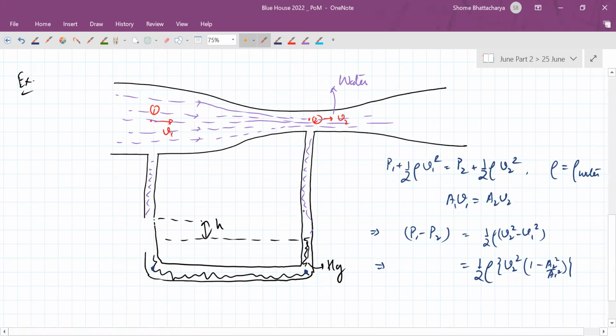The level of mercury will be more on this side, less on this side. So the pressure being greater here will push the mercury further down. Okay, so now, within the mercury, you can see that this point and this point, let's say 3 and 4, have to have the same pressure.